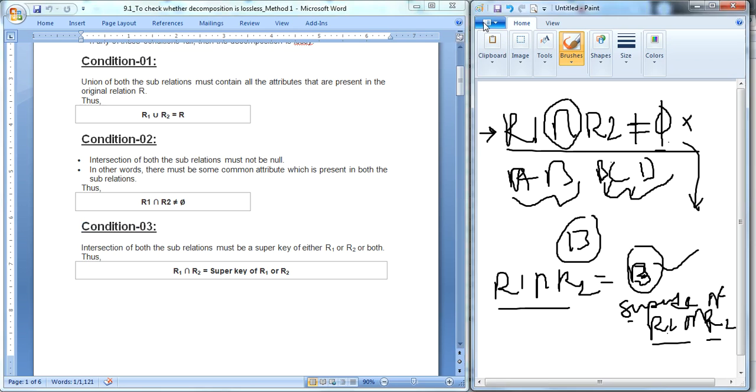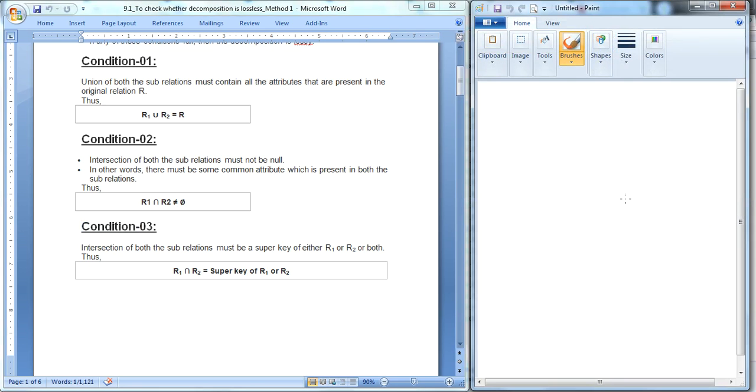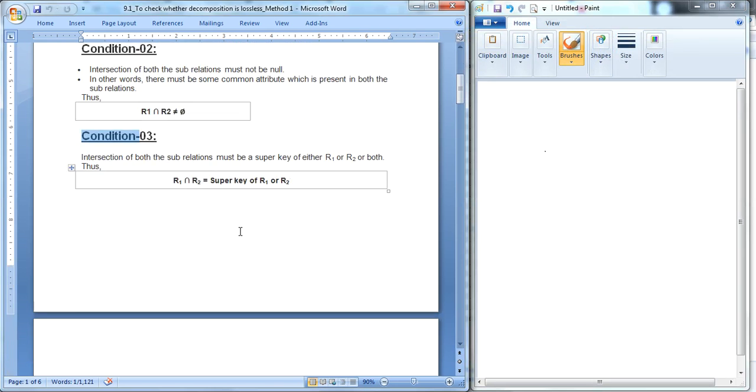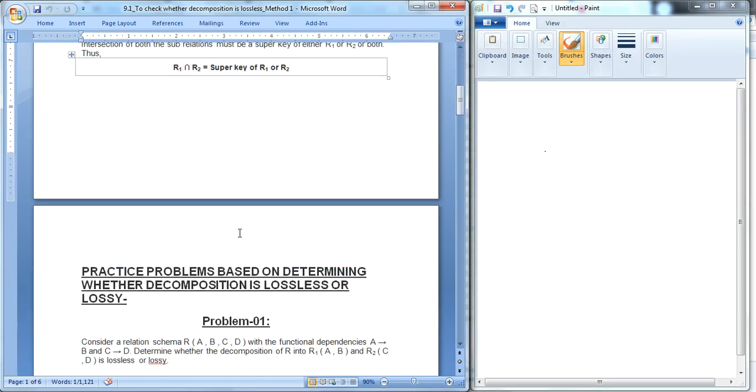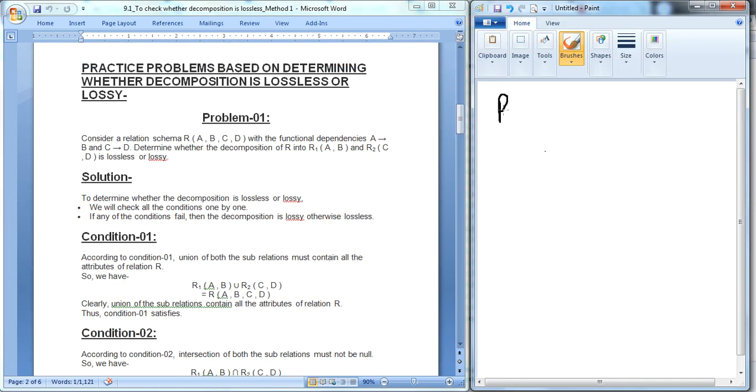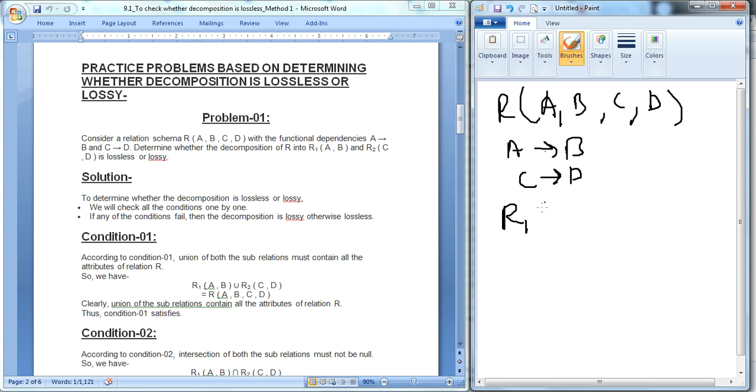We will go with a simple example so we can easily understand whether a decomposition is lossless or lossy. This is a simple example relation R(A, B, C, D). It has the functional dependencies A determines B and C determines D, and the decomposition is R1 is AB and R2 is CD, right?